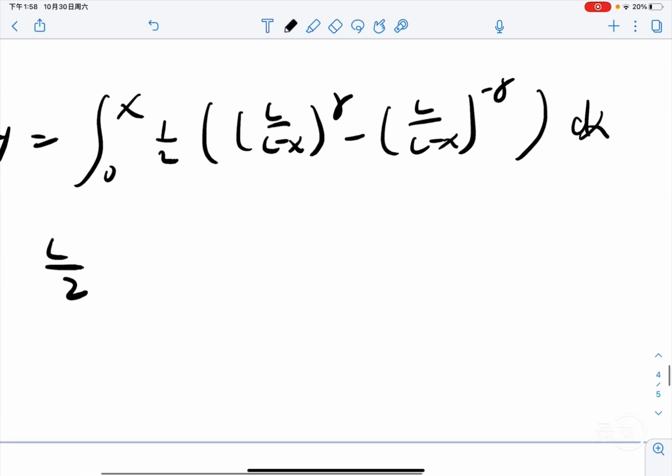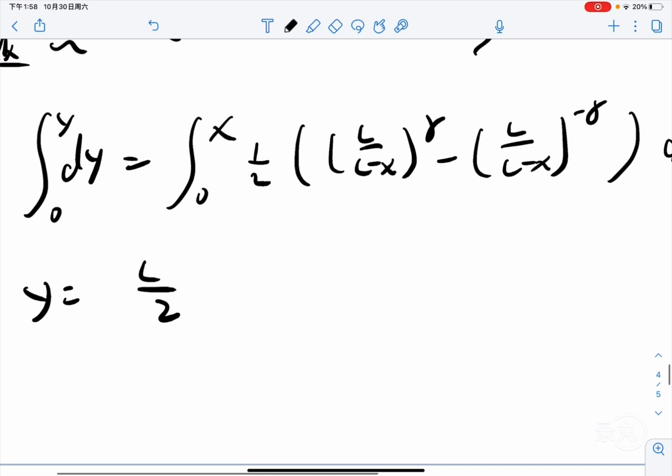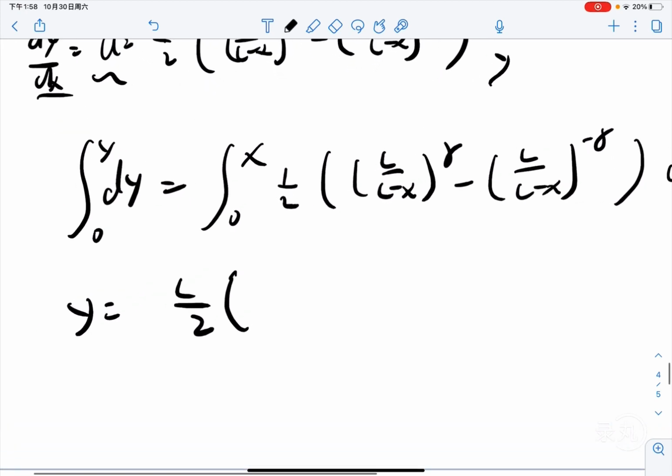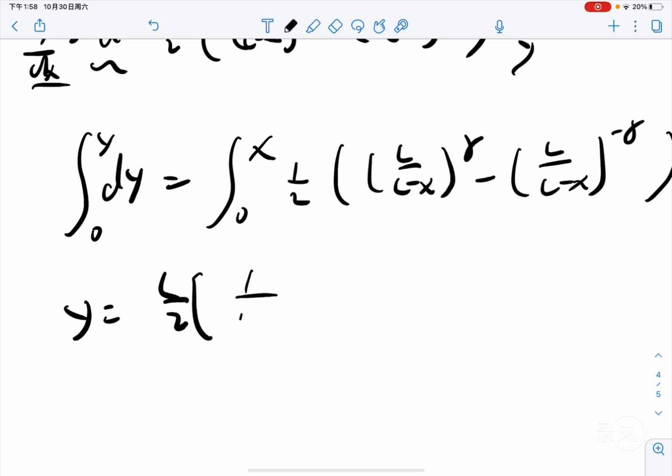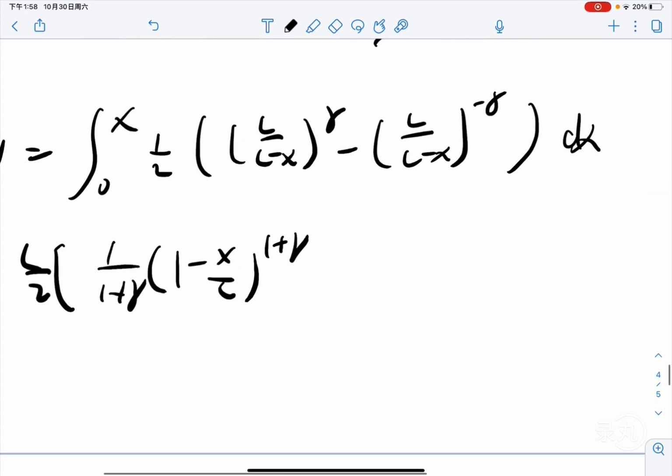L over 2, and this one is going to be L minus x to the power of 1 plus gamma over 1 plus gamma, minus 1 minus gamma, and so on.